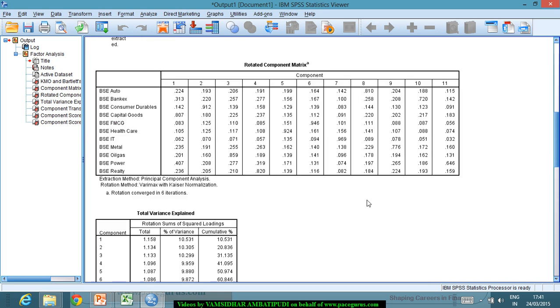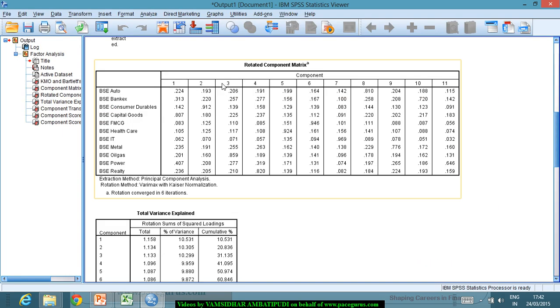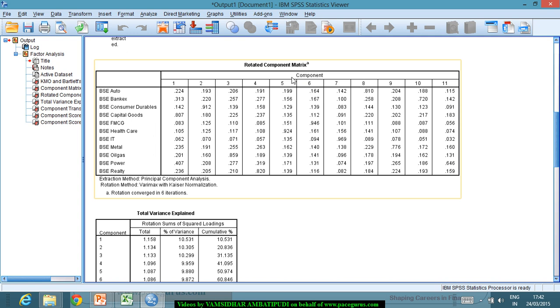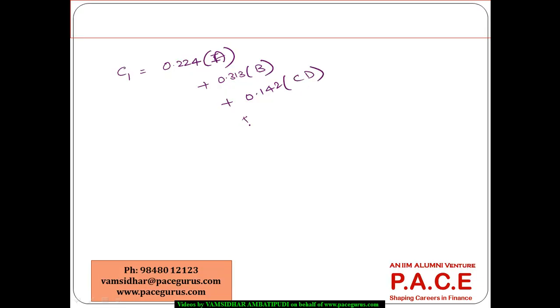Apart from that, what we are simply seeing is there are 11 factors that got extracted in this particular manner, wherein I could see that component 1 is formed by taking 0.224 times the auto based returns plus 0.313 times the banking returns, bank X returns plus 0.142 times the consumer durable returns plus and so on.